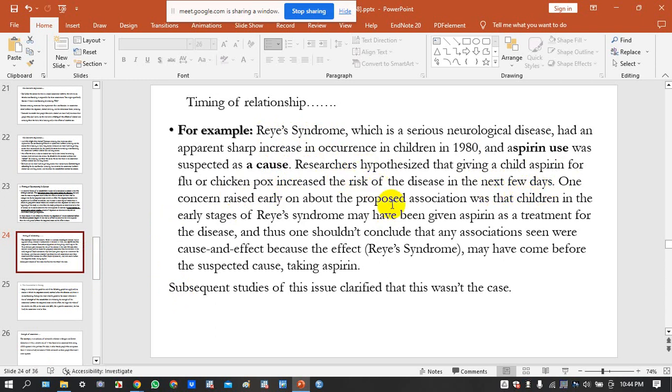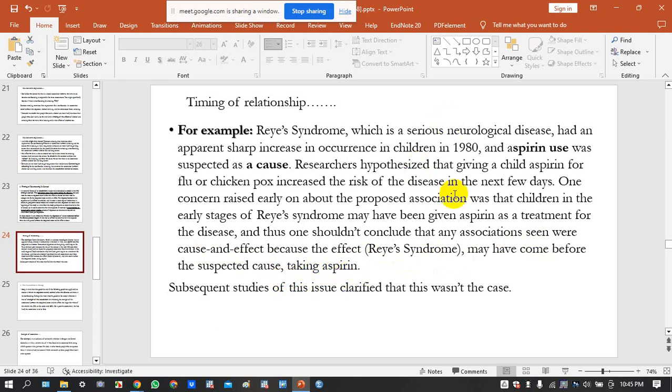But there was one concern raised early on about the proposed association, that children in early stages of Reye's syndrome may have been given aspirin as a treatment for the disease, and thus one shouldn't conclude that any association seen was cause and effect, because the effect, that is the Reye's syndrome, may have come before the suspected cause.